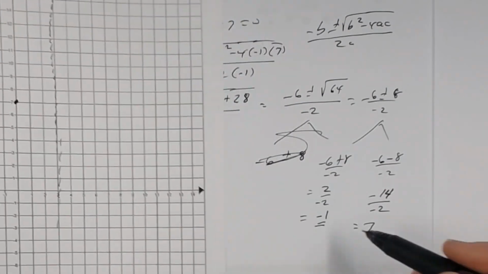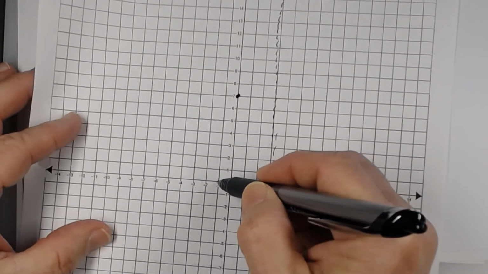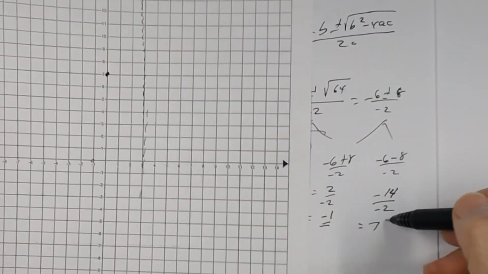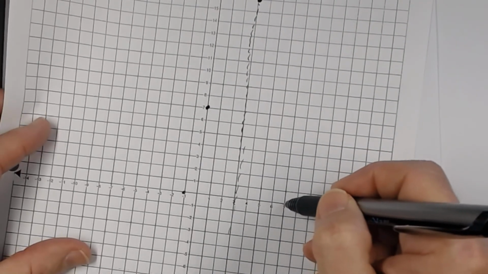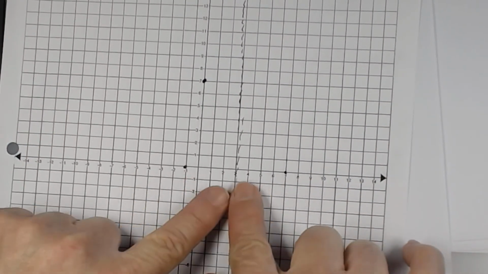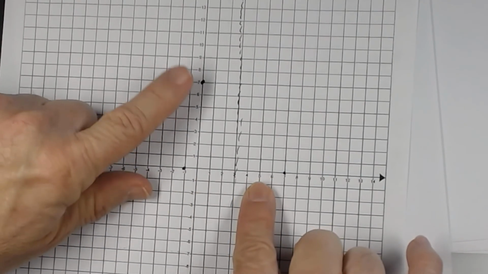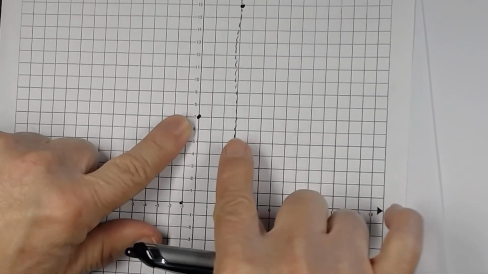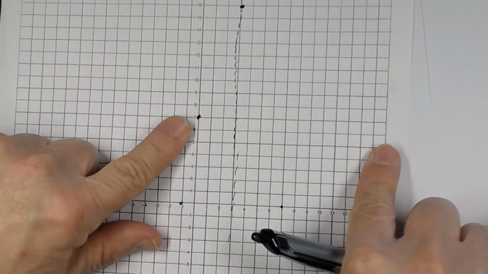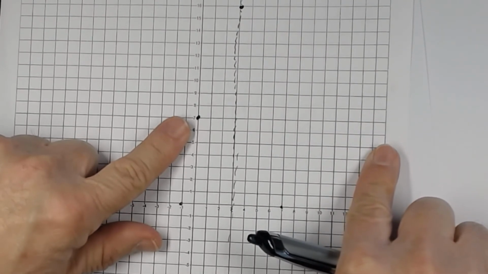And so my x-intercept of negative 1 is here. And the other x-intercept, 7, is here. Always verify that those distances are the same. All right. Now we plotted the y-intercept. When you plot the y-intercept, you can now tell me the other point that has symmetry with it.